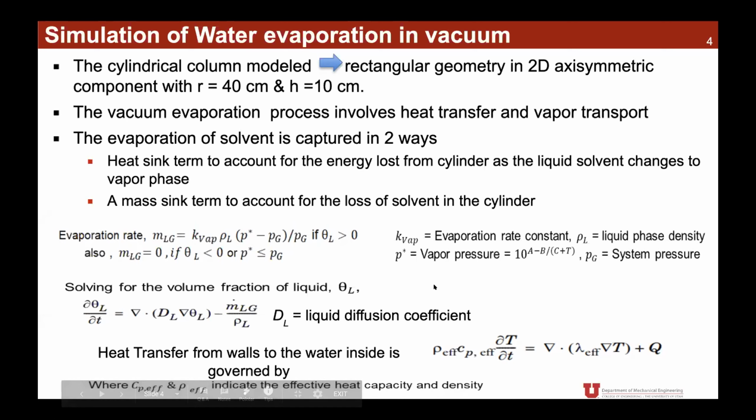As more and more liquid transfers into the vapor phase, there's a loss of volume fraction in the liquid with time due to evaporation. And there's also another physics going on, which is the transfer of heat, because there's a temperature difference between the outside and inside.